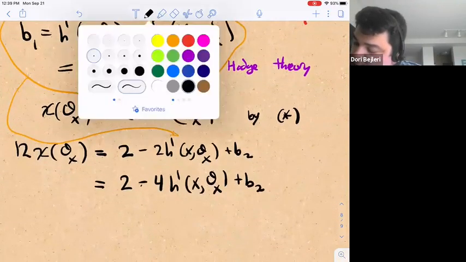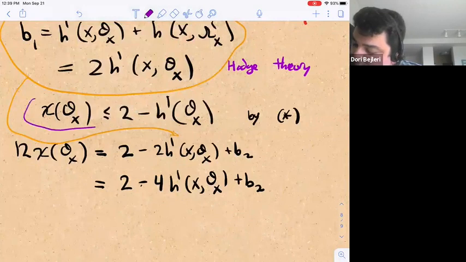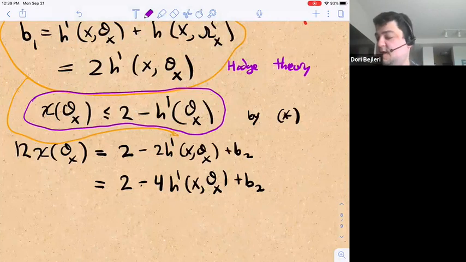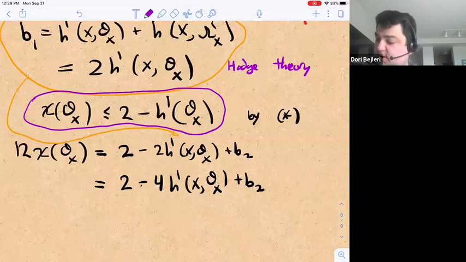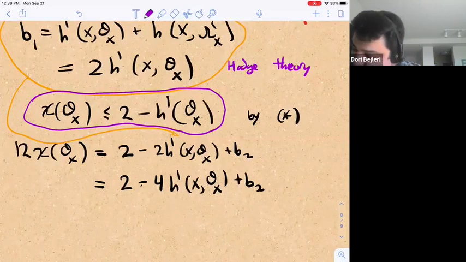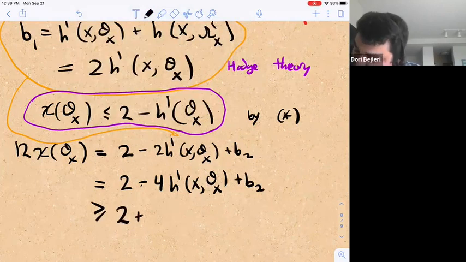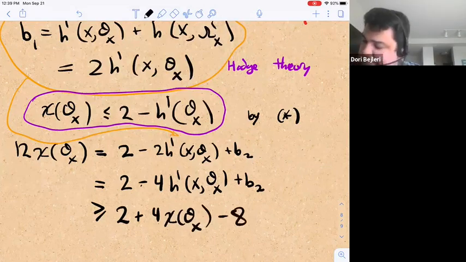And then using that, we get that minus H1 is greater than or equal to the Euler characteristic minus 2. So this whole thing is greater than or equal to 2 plus 4 times the Euler characteristic minus 8 from this purple inequality, plus B2.